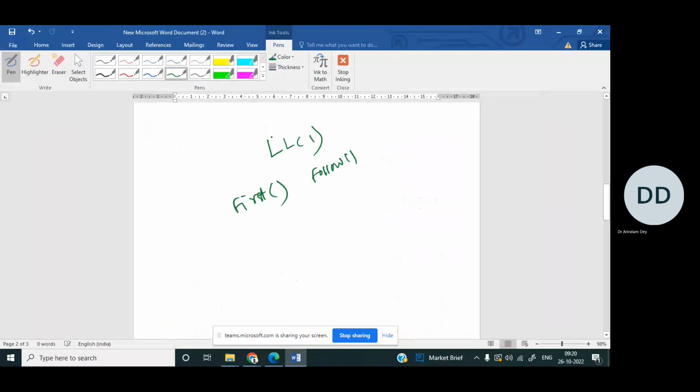Correct? I said this first L stands for the left to right scan, the second L stands for the leftmost derivation, and 1 is the look ahead value, that is how many variables I'm encountering. Correct?